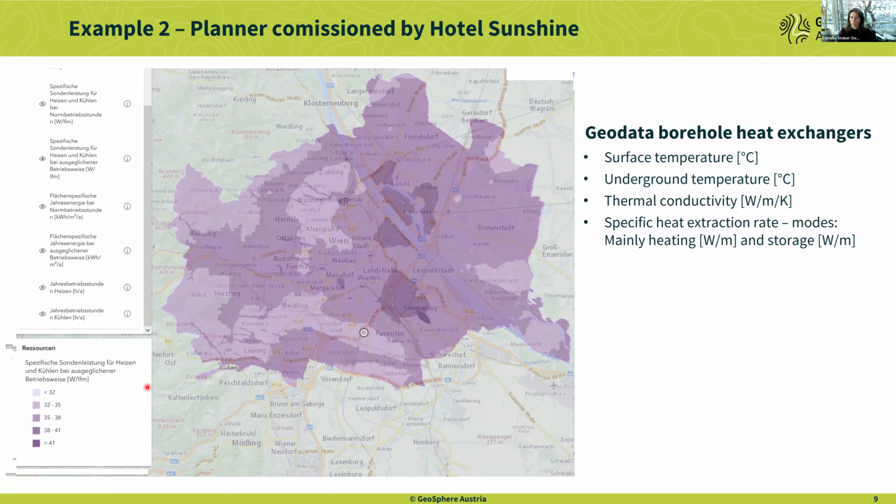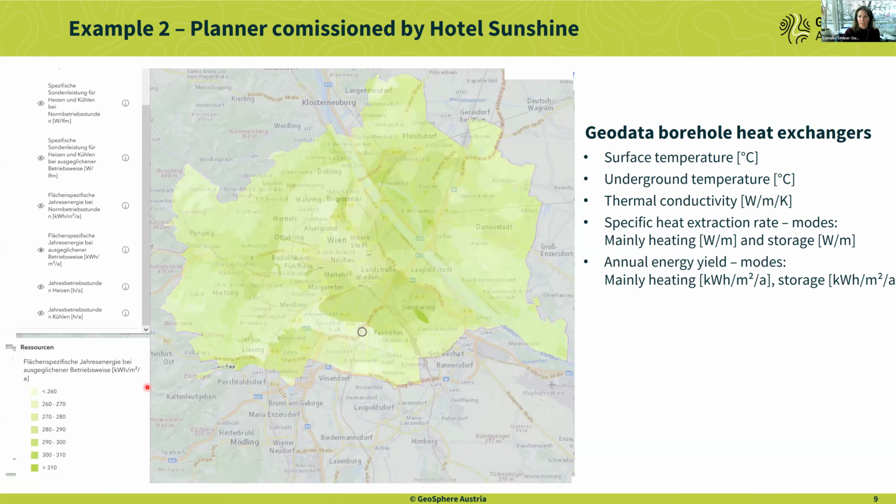So we also distinguish here between the two modes again, mainly heating and storage. And for the extraction rate, we chose to go for one singular borehole to calculate the watts per meter. And then we did the same for the annual energy yields, also again for mainly heating and storage. And for that, we used two differently sized borehole heat exchanger fields.